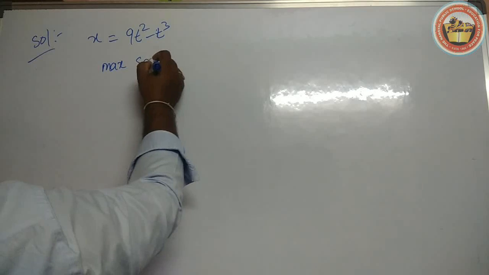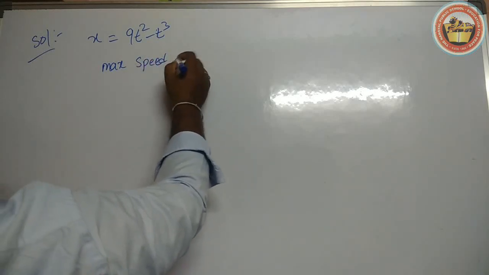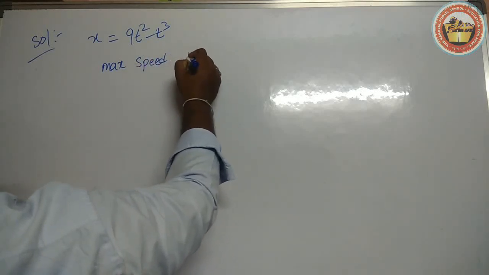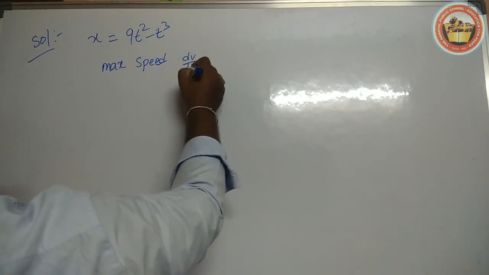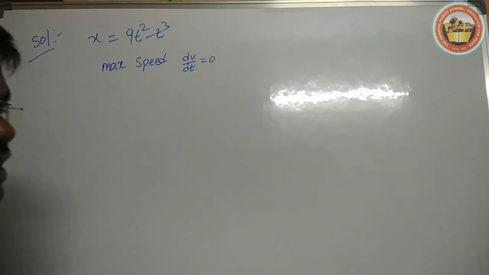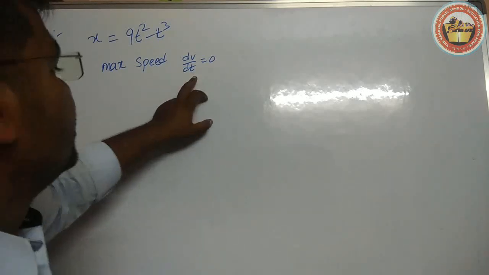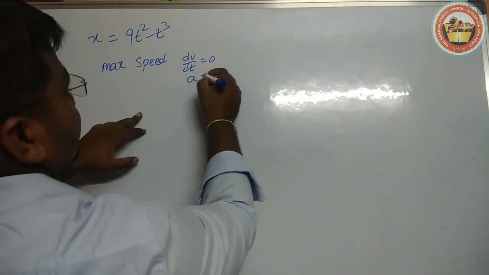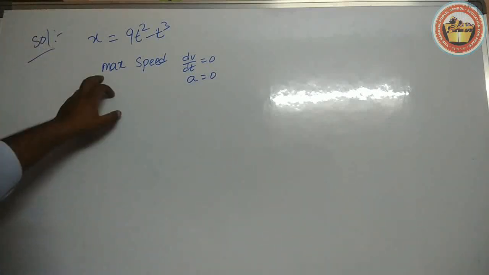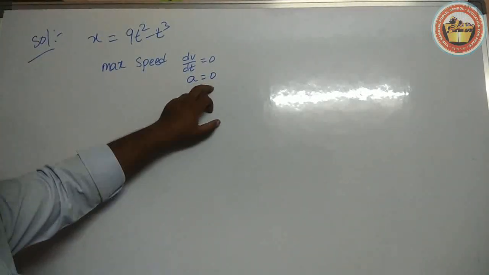Maximum speed means dv by dt becomes 0. dv by dt becomes 0 means acceleration is 0. So maximum speed means acceleration 0.